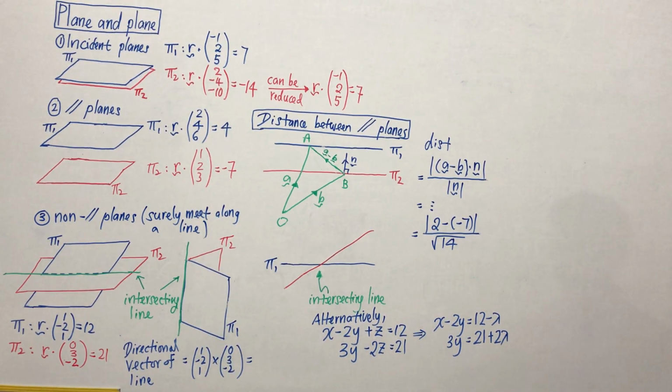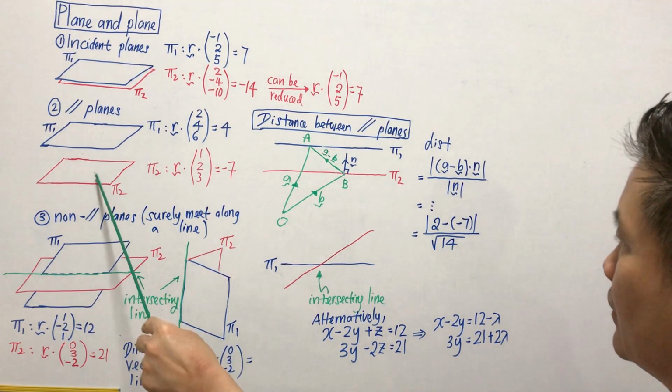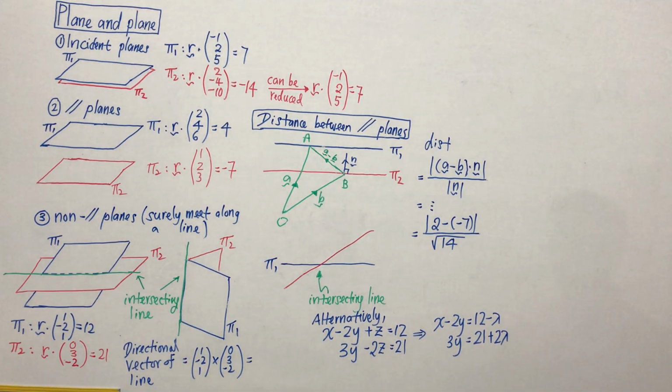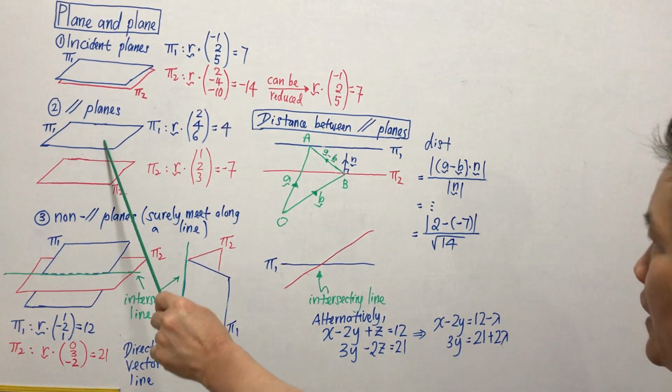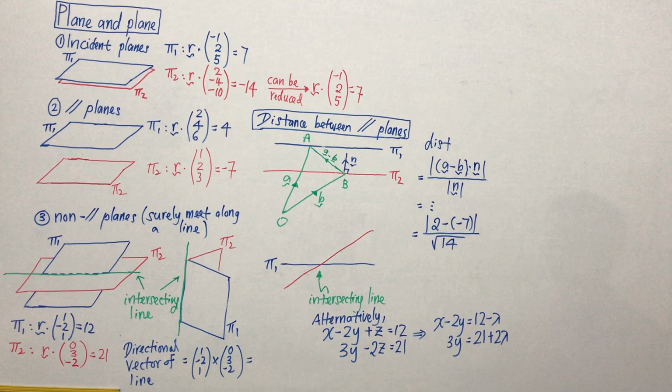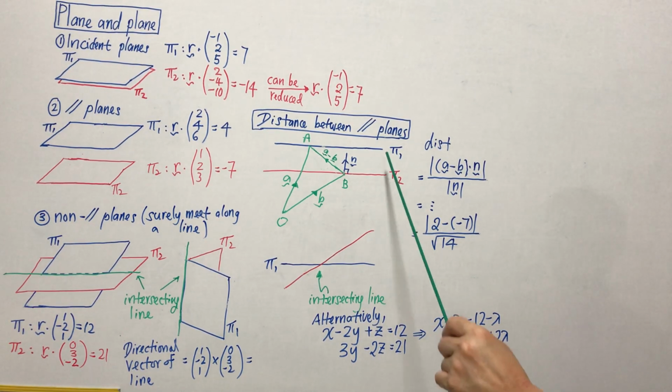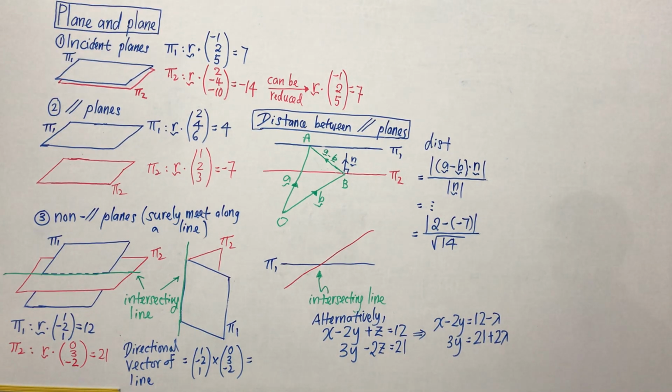When two planes are parallel and distinct, like in this case, then naturally we want to look at the distance between these two planes. If you look at these two planes like two straight lines, plane 1 and plane 2, we want to learn how we can actually find the distance between two parallel planes.